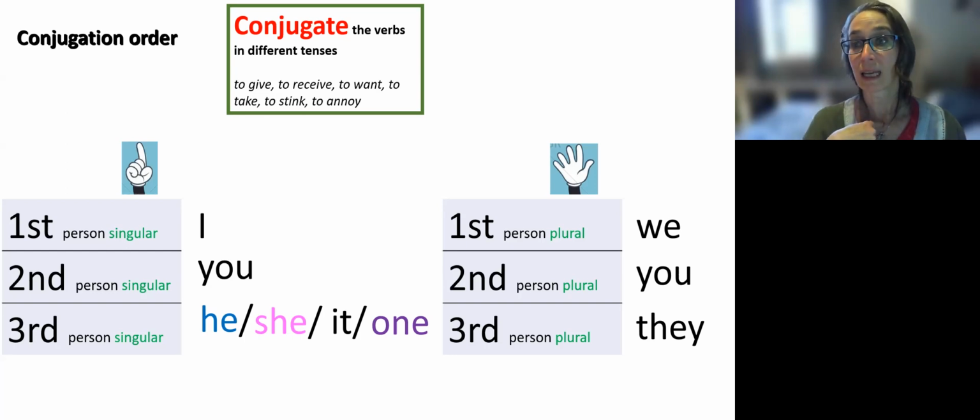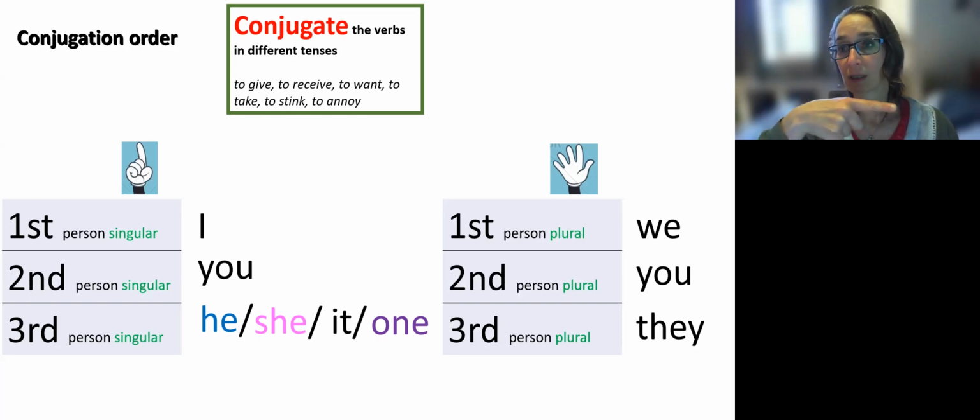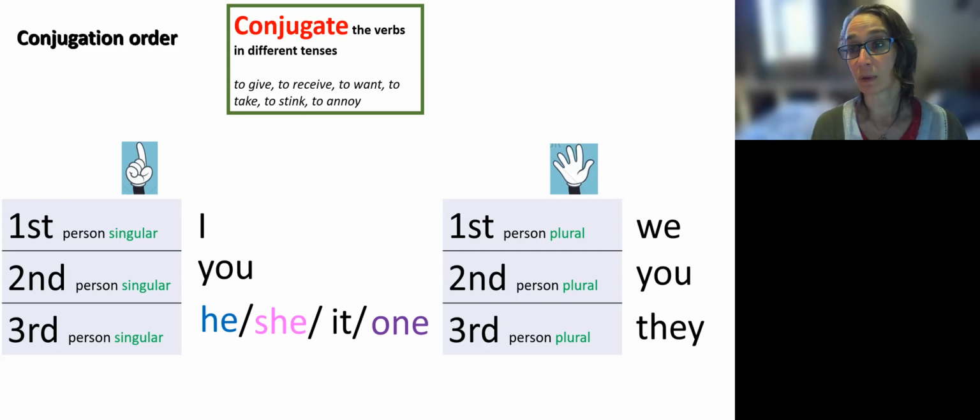So I talk to you about somebody, and that somebody can be a he, a she, an it, or one. And the same in the plural. We talk to you about people over there, which is they. Can you see it's the same principle in the singular and the plural?